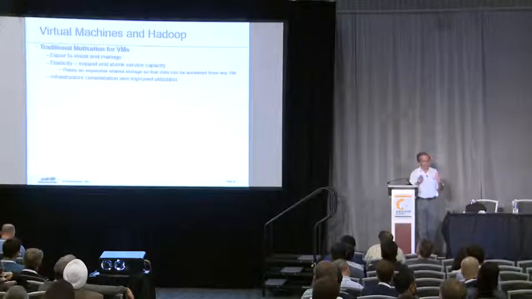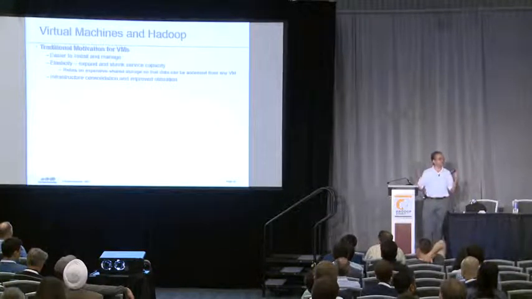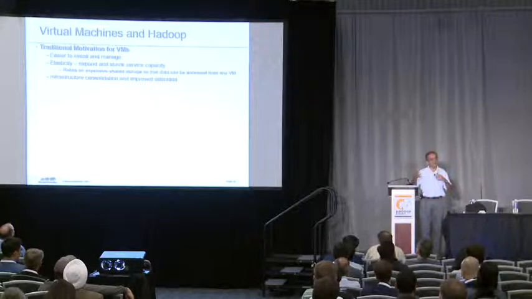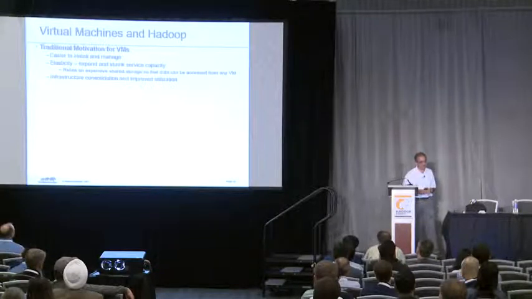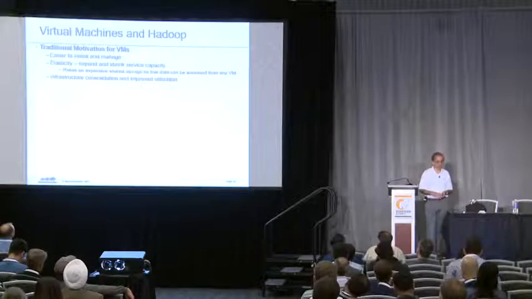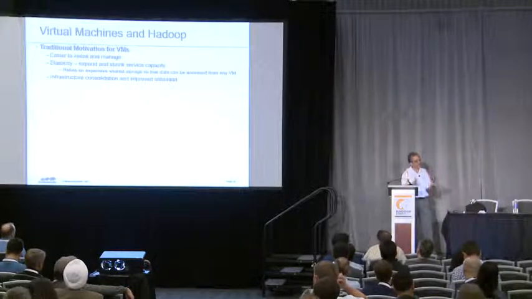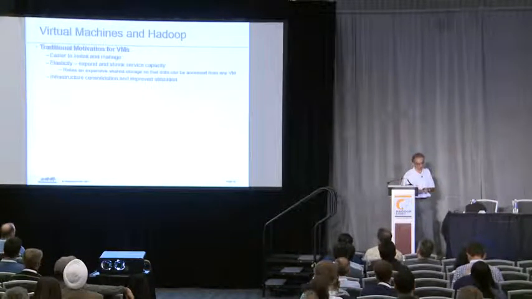And they only have one restriction, that they typically rely on very expensive shared storage. That's necessary because you need to be able to access your shared data from any of the VMs, any of the vMotion, or adding additional VMs to your load. All of this is possible because of the shared storage. And it gives you the ability to consolidate your infrastructure and improve your utilization. This is really why a lot of IT departments rapidly moved towards virtualization.